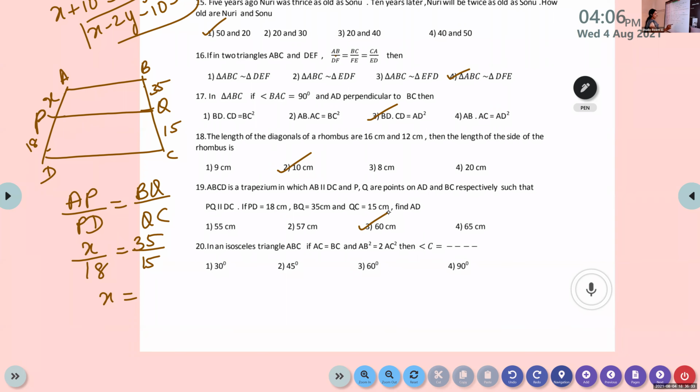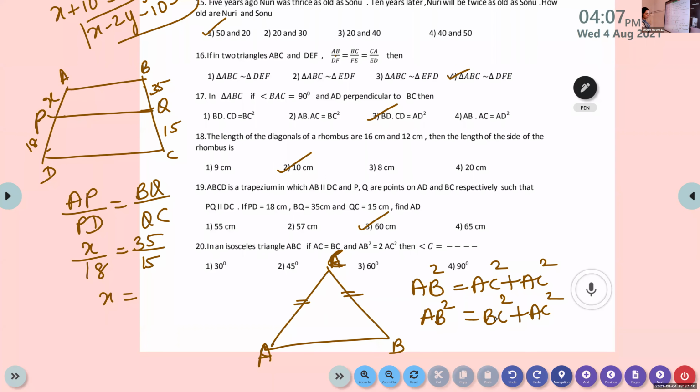AC is same as BC. So we can write this as BC square plus AC square. So we get sum of squares of two sides is equal to third side square. So we'll get angle C as 90. Is it okay? Yes, ma'am.